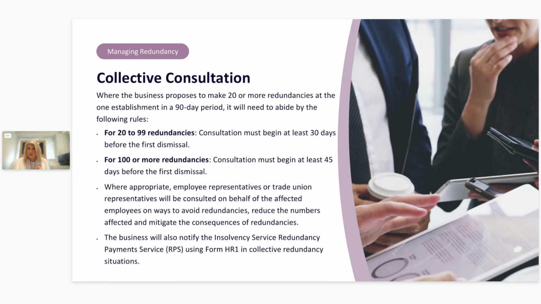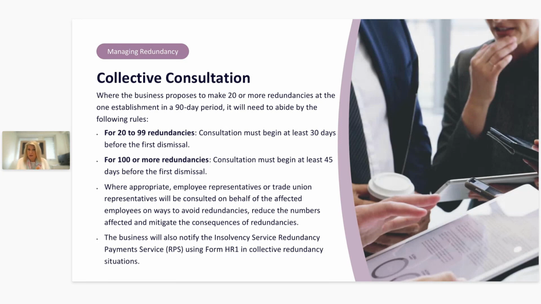Section 188 of the Trade Union and Labour Relations Consolidation Act 1992, that's a bit of a mouthful, outlines the legal requirements for collective consultation, including timeframes for consultation and the rules which govern the election of employee representatives. So it's a good piece of legislation to look at.